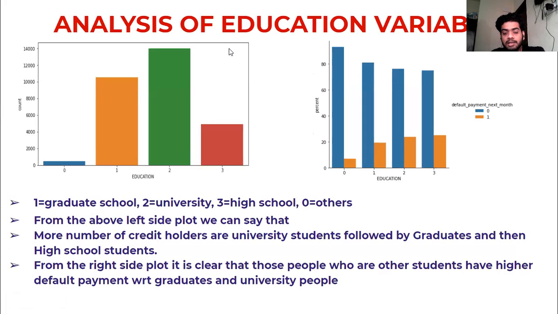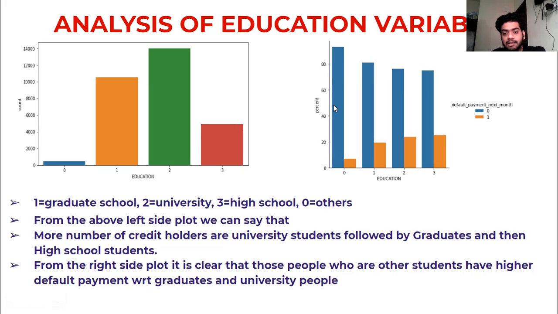Next is the analysis of the education variable. Here one means graduate school, two is university, three is high school, and zero is others, meaning the higher education category. From the left side plot, we can say that more credit card holders are university students, followed by graduate and then high school students.